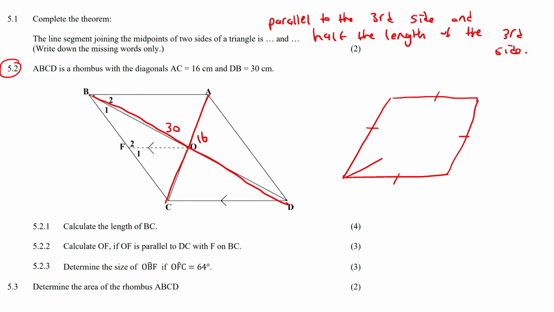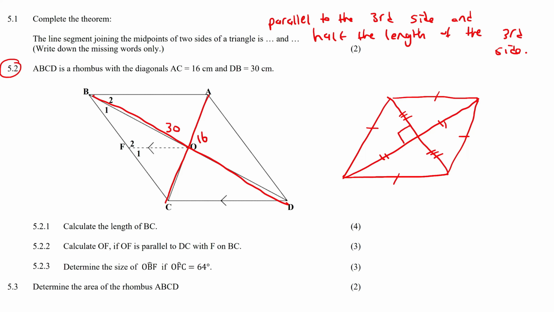Look how long that one is, and then look how short that one is. They're not the same. Another thing, the diagonals bisect each other at 90 degrees. Bisect means that it cuts each other in half. So this length and this length are the same, and these two are also the same as each other. Those are the main properties of a rhombus.